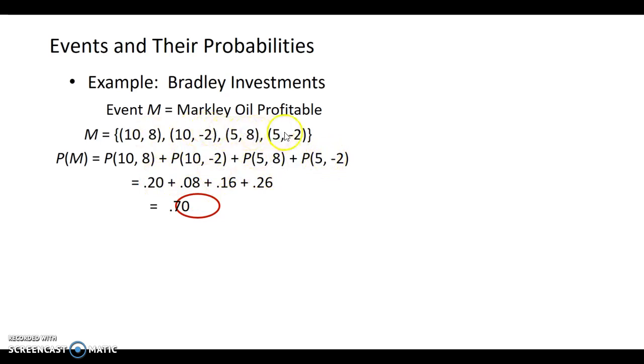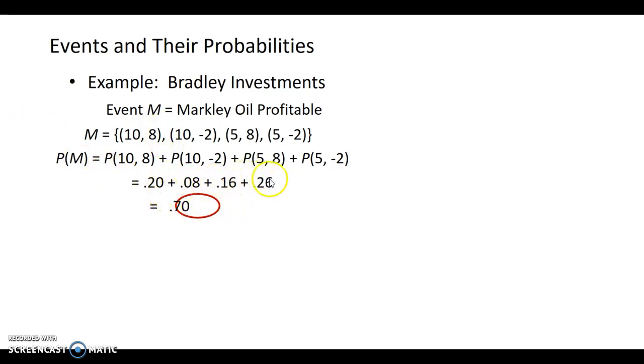Each one of these probabilities, 0.2, 0.08, 0.16 plus 0.26. We were given those on a chart that I didn't include here. We can add those probabilities together and figure out the probability that Markley Oil will be profitable in the future if these probabilities up here were correct.